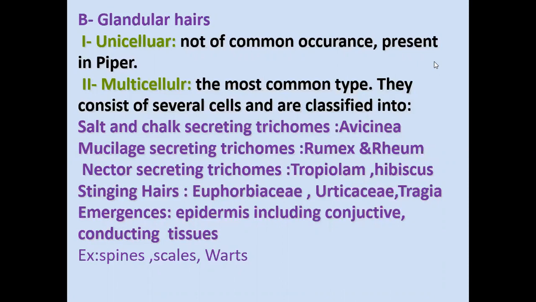These multicellular trichomes have living cells, and they secrete different types of chemical substances like nectar, mucilage, salts, sugary solutions, and toxins also. So mostly glandular hairs are multicellular.